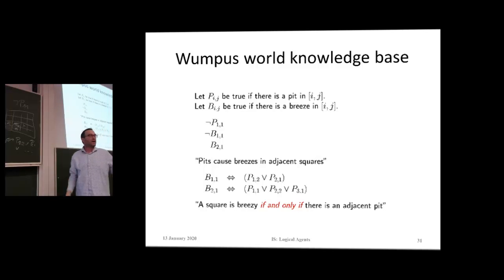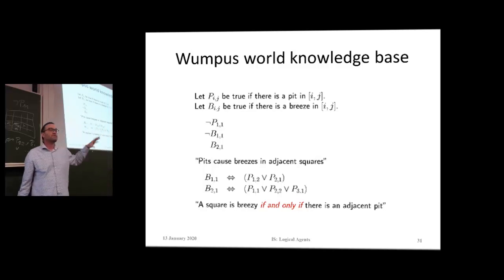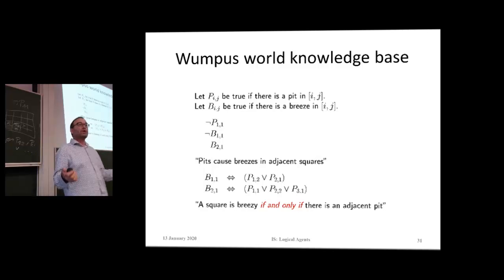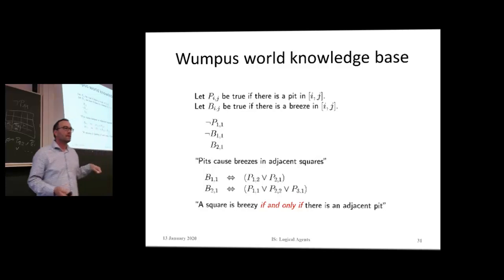I can only choose P11 to be false if I want to satisfy this constraint in my knowledge base. So I have this one formula, not P11, and that defines my model in this case, because if I choose P11 to be false, that makes this formula true.